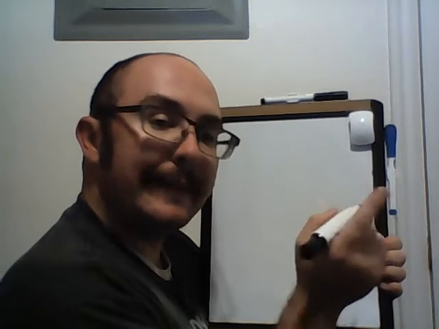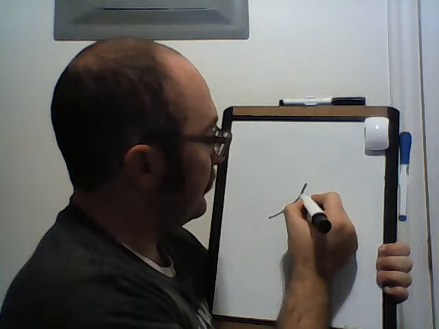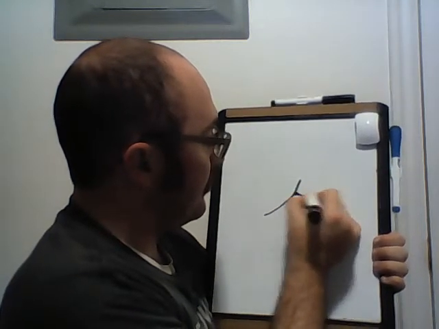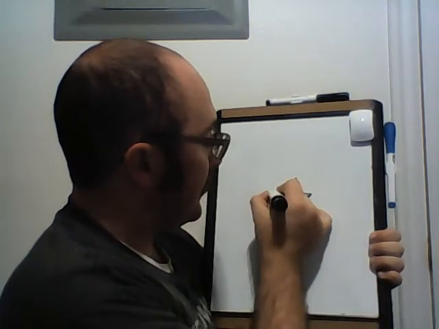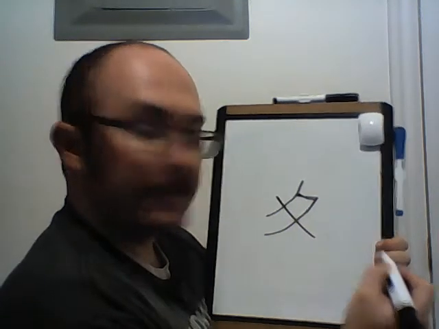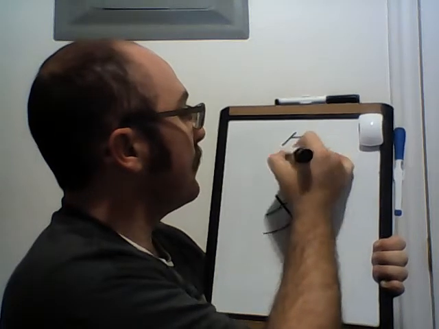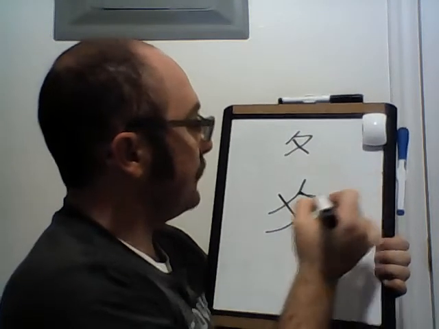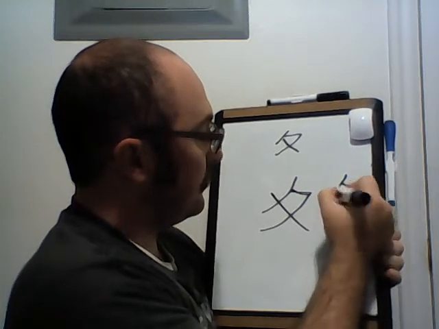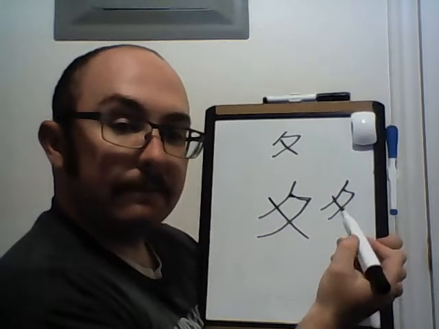but again, it's how you write it that makes it different. So you come in, do that one, and you see how this is much bigger. You come over, and back, and across. Okay? So you had zhi, which was like that, whereas this one is like that.